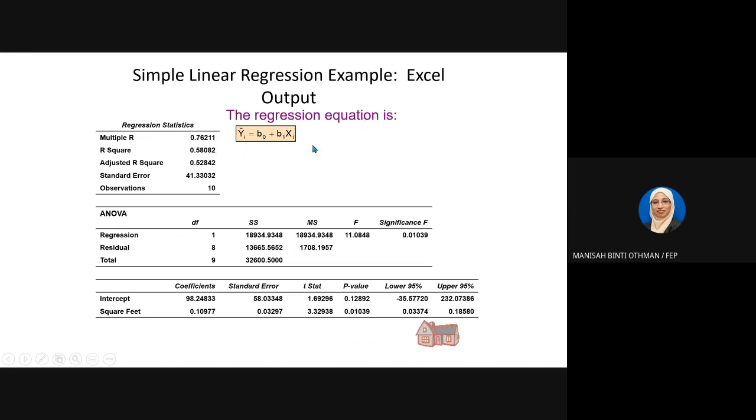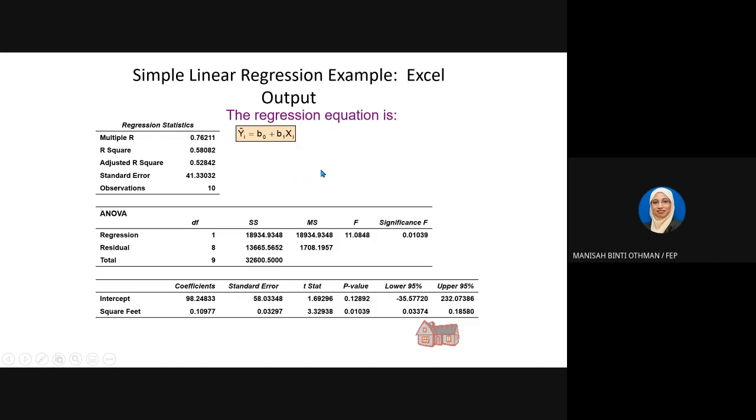Remember, the sample equation is y hat, the predicted y, equals B0, where B0 is the intercept, plus B1 x.